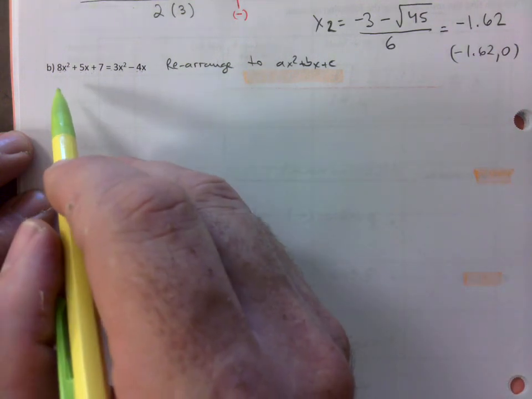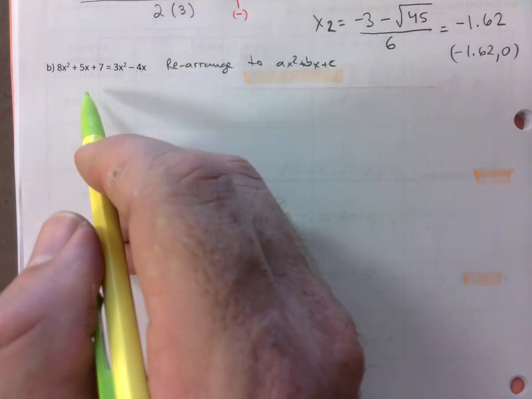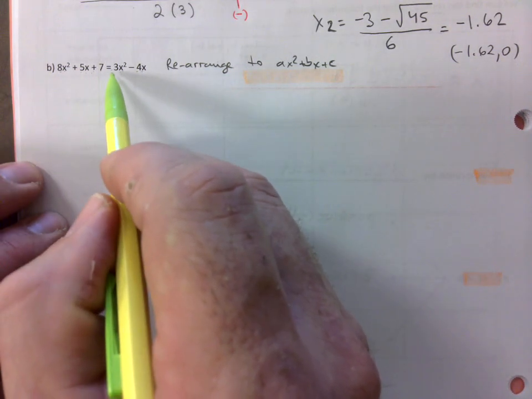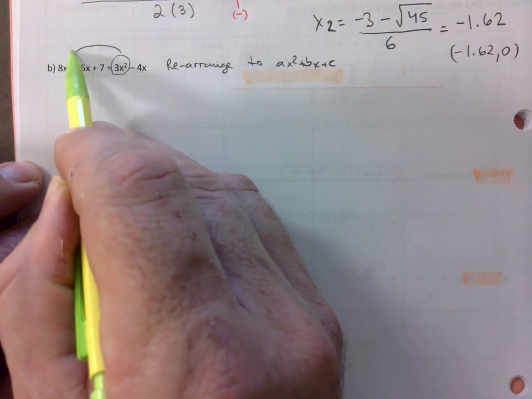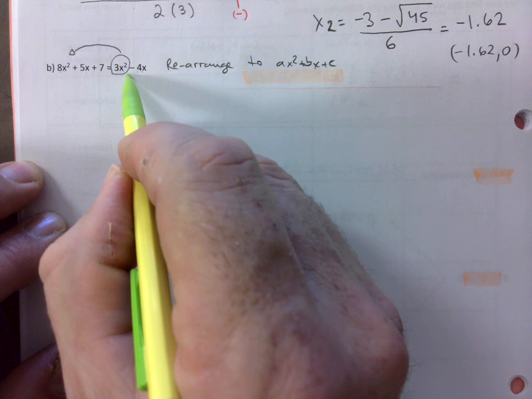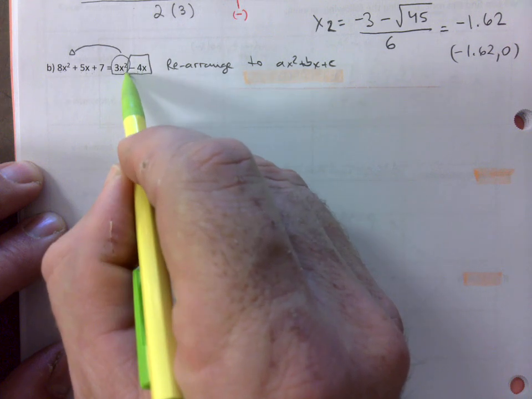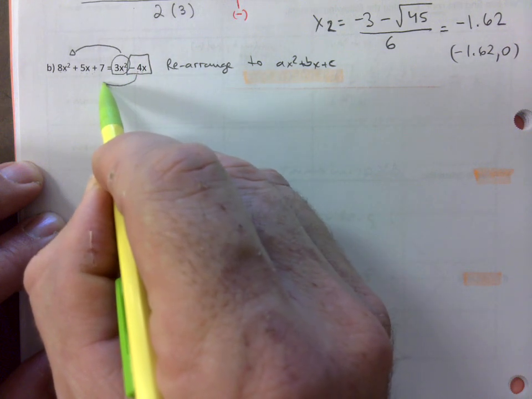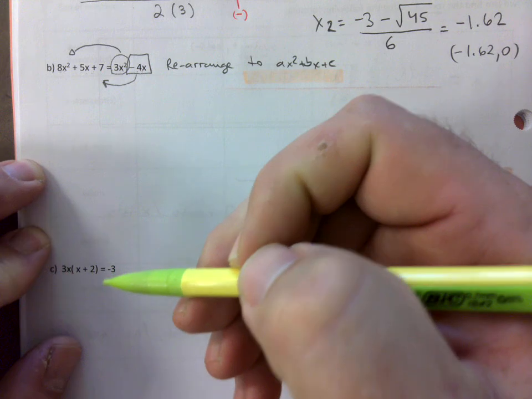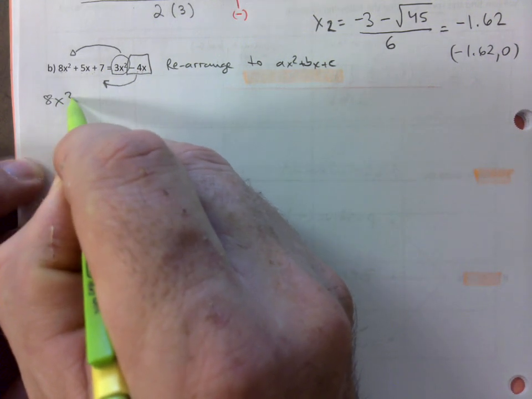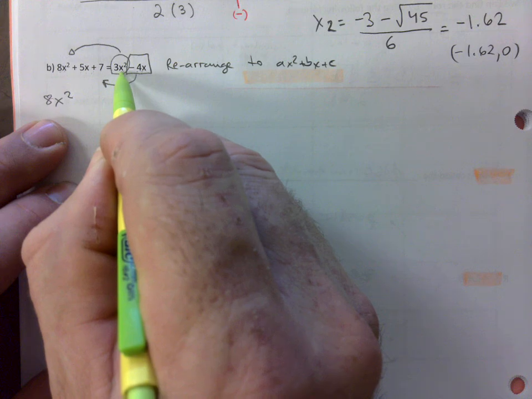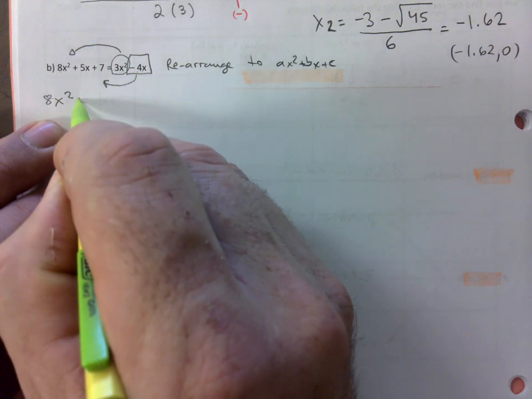So what I do is, I normally bring everything over to the left-hand side. Okay? So I'll say that this 3x squared, I'm going to bring that over to this side. And the negative 4x, I'm going to also bring that over to that side. So you end up with 8x squared, and the 3x squared, when it comes over, it's subtracting.